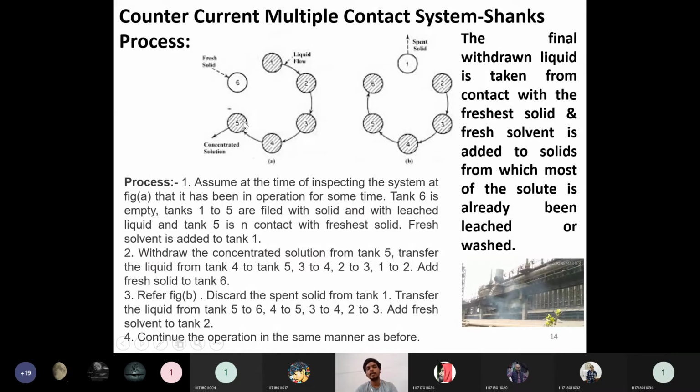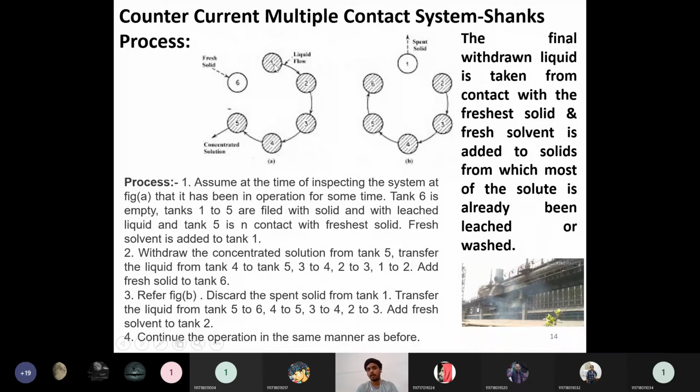The solvent which has been in this operation for the maximum time is in contact with fresh solid in tank 5, so the concentration of solute in this solvent will be very high. That is this statement: the final withdrawn liquid is taken from contact with the fresh solid, and fresh solvent is added to the solids from which most of the solute has already been leached or washed out.